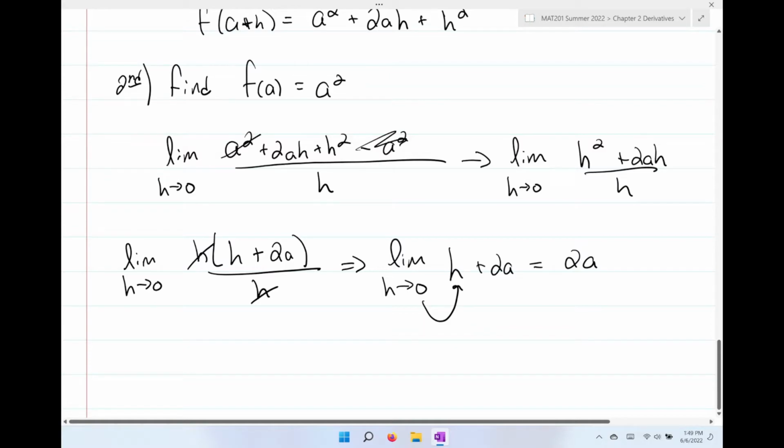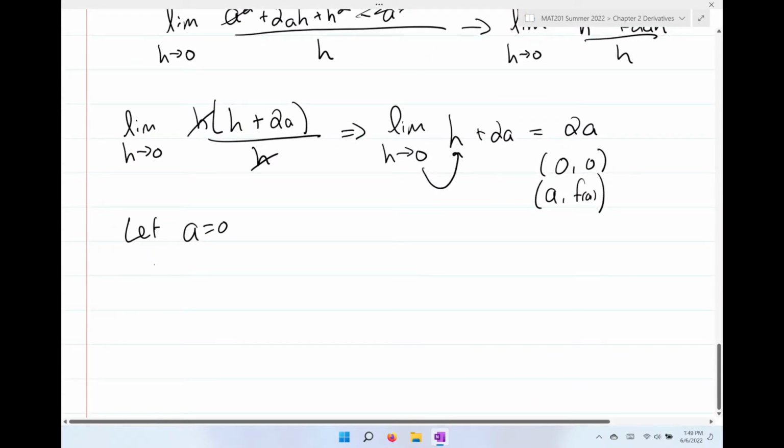Now, we already know what a is, because remember, we have the point 0, 0, which is a, f of a. So if we let a equal 0, notice we get f prime of x equals 2 times 0, which is 0. So far, so good. So we found our derivative.